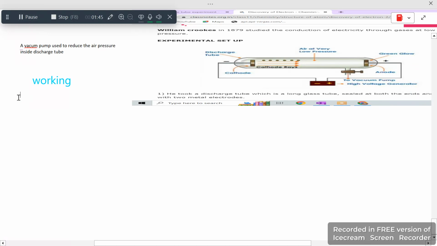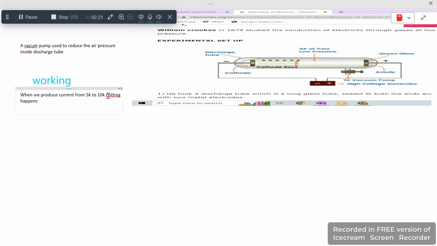But let me start. As I told you, when the battery produces current from 5k to 10k volts, at that time nothing happens, there was no change.